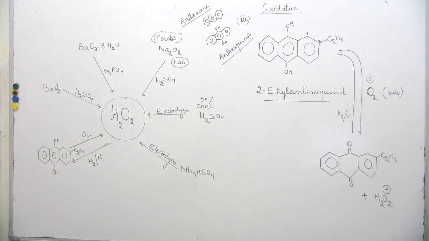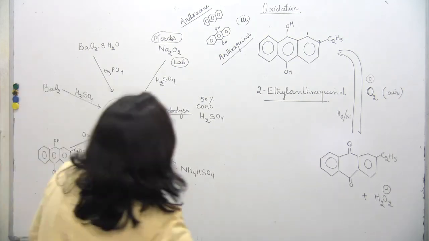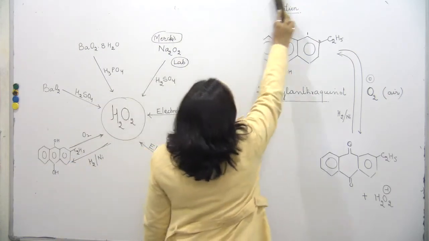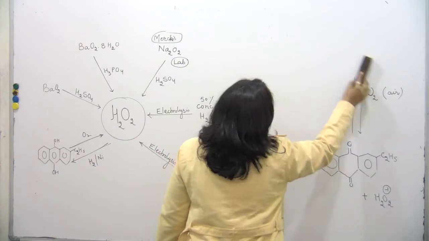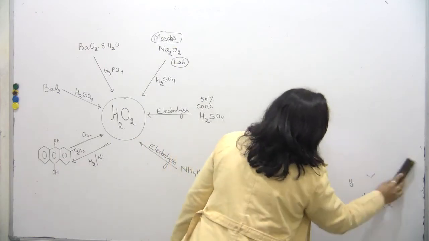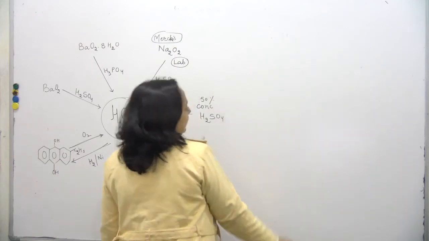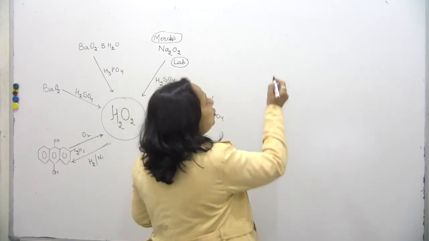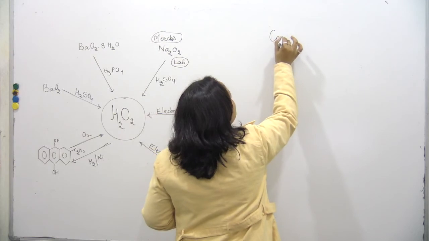Next topic we'll start is concentration of hydrogen peroxide. Hydrogen peroxide formed is not pure H2O2, it is always a mixture. It is formed with water always, so we have to concentrate hydrogen peroxide.